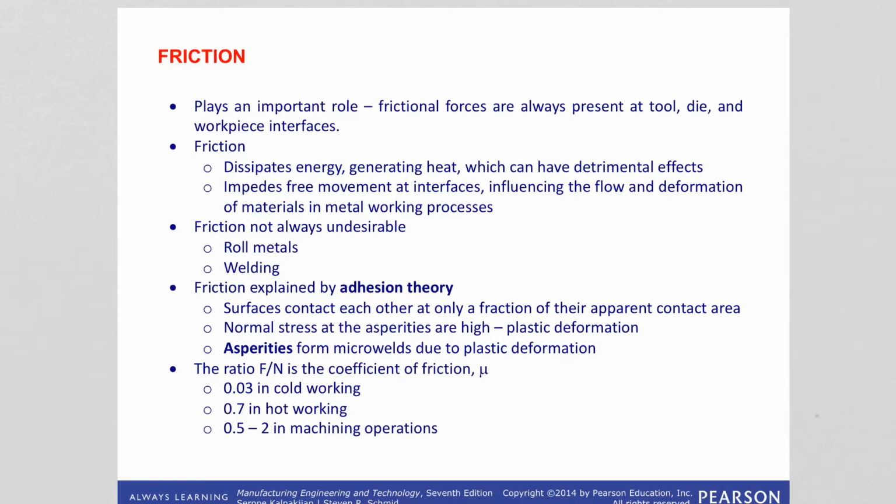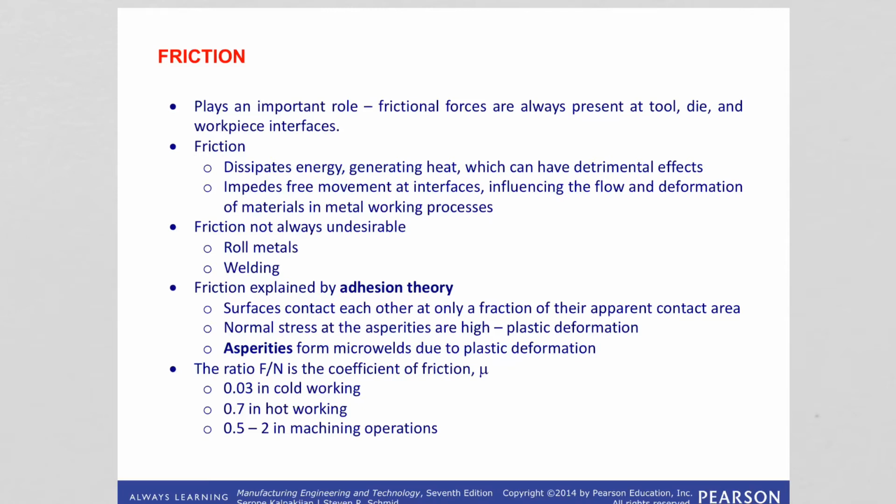But we cannot say friction is completely undesirable, because there are processes like rolling. It would be impossible to roll metals without the presence of friction, or in some clamping of workpieces on machines. So these all require the presence of friction, as we have seen in rolling, right?